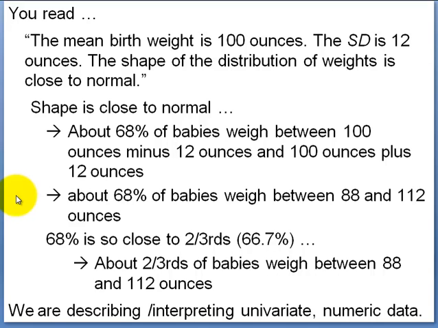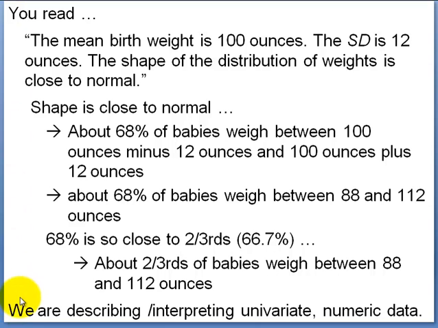Clearly, 68% is very close to 2/3. So you might say to yourself, about 2/3 of babies weigh between 88 and 112 ounces. So you're interpreting this univariate data.